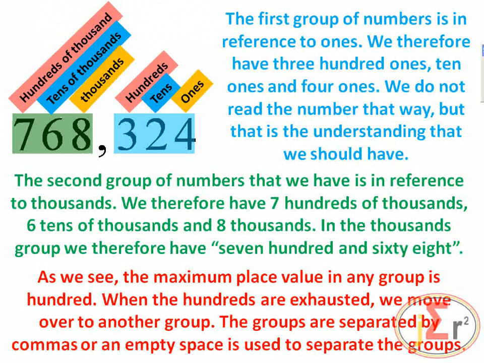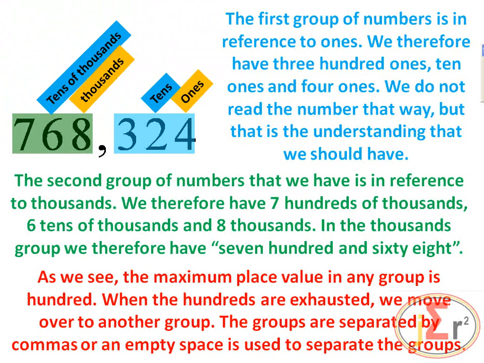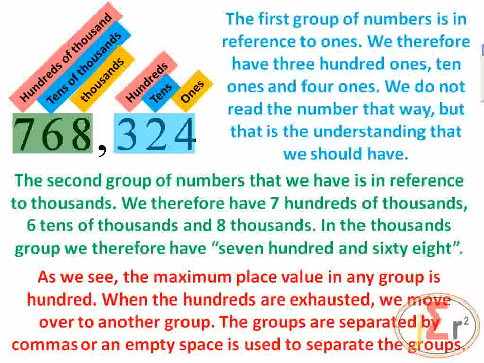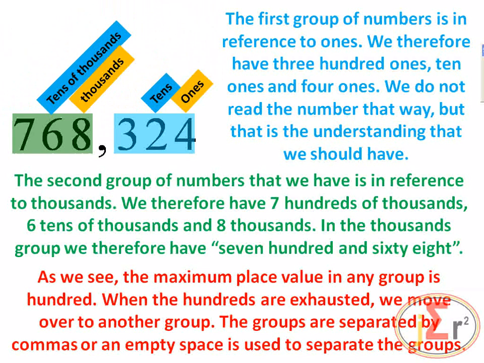And when we exceed the 100, we will move over to another group. And the groups are separated by an empty space or by making use of commas. I realize that in recent years, the groups are more often separated by empty spaces rather than a comma, like what we have there.